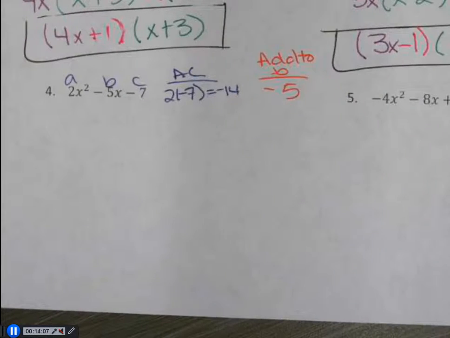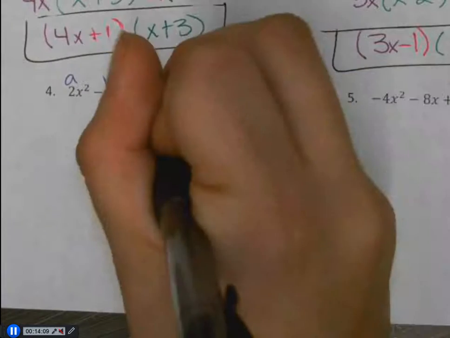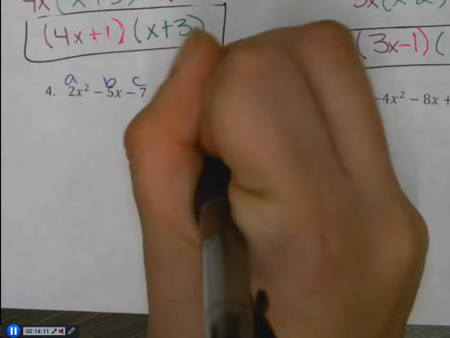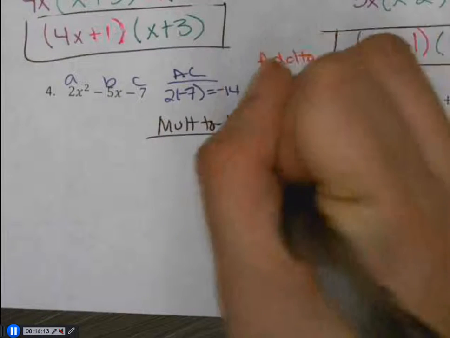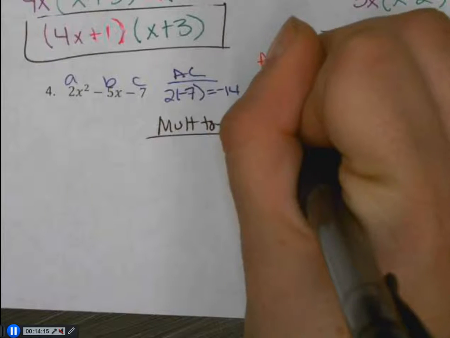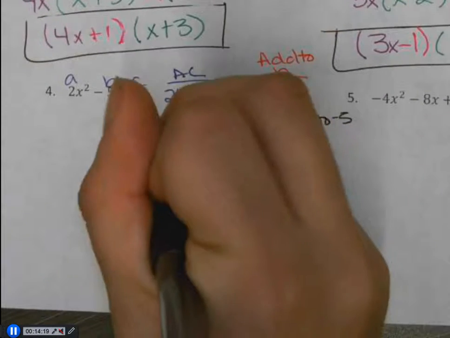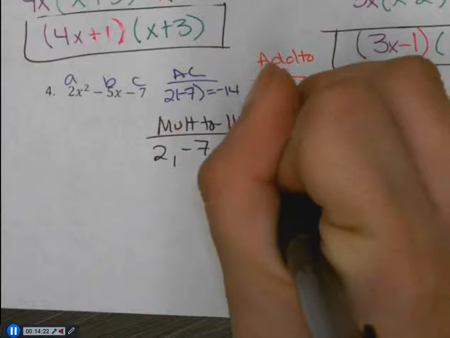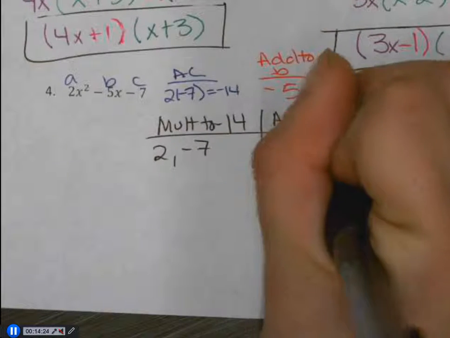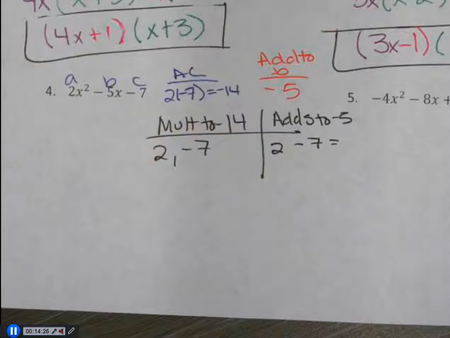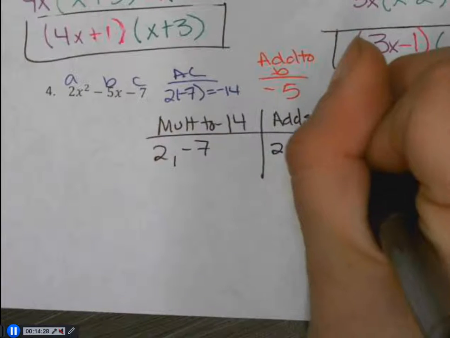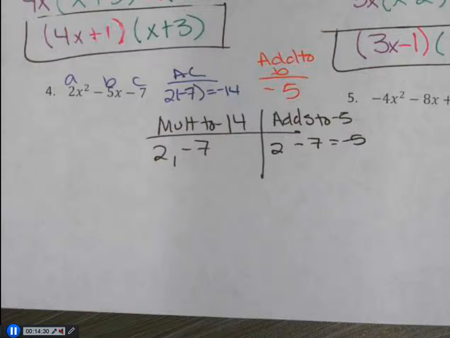So what multiplies to negative 14 and adds to negative 5? 2 and negative 7? So 2 minus 7, does that give me the negative 5 I want? Yes. Okay. So now that I've found my magic numbers, what do I want to do?